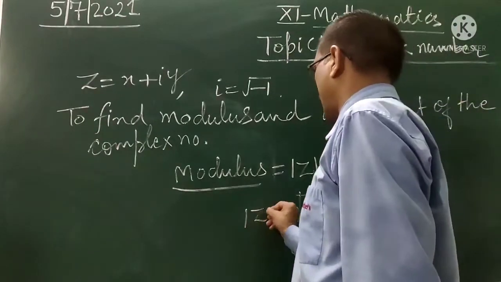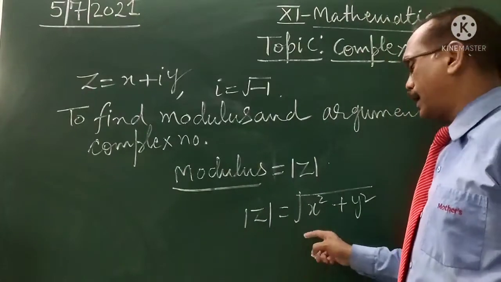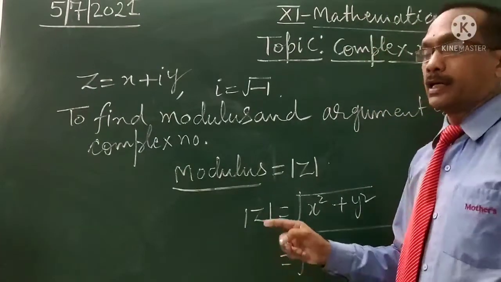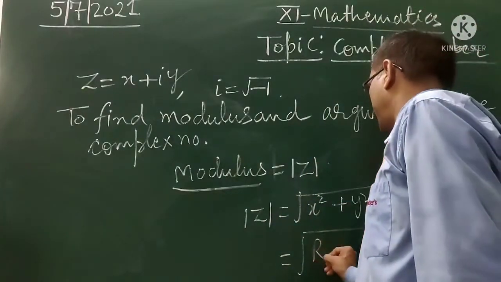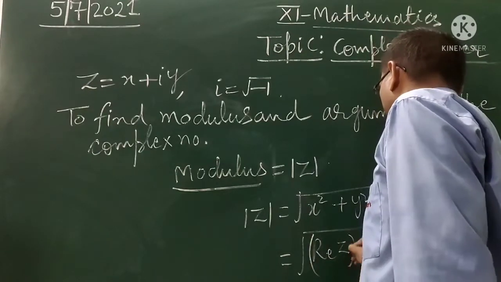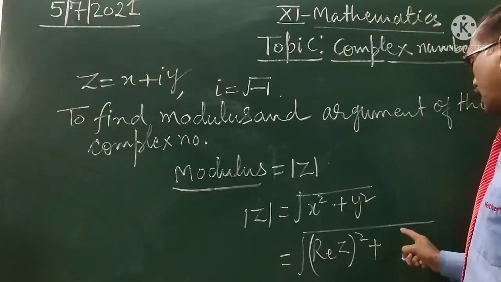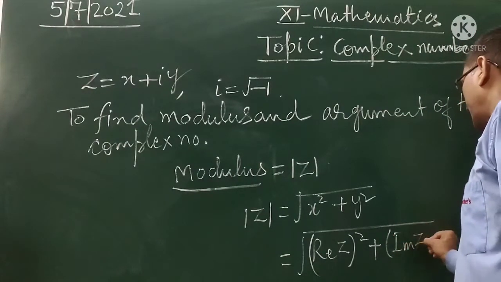Mod z, this is the formula. What is the modulus of the complex number? It is square root of the square of the real part of the complex number, real means Re z square, plus the imaginary part of the complex number square, it is Im z square.